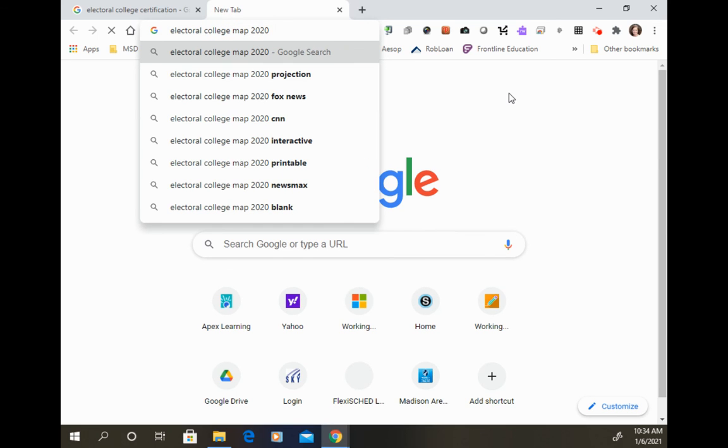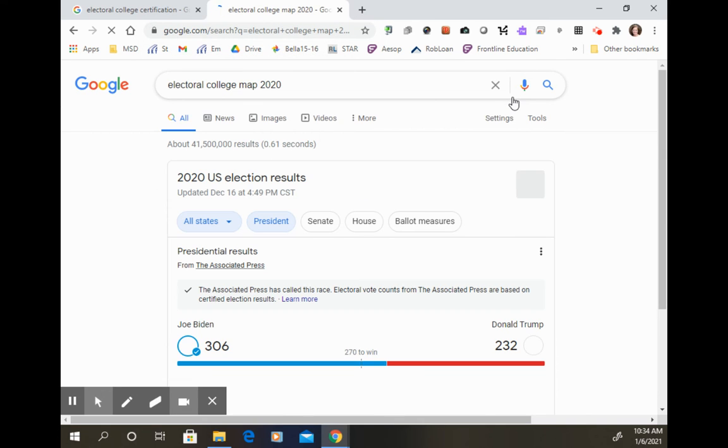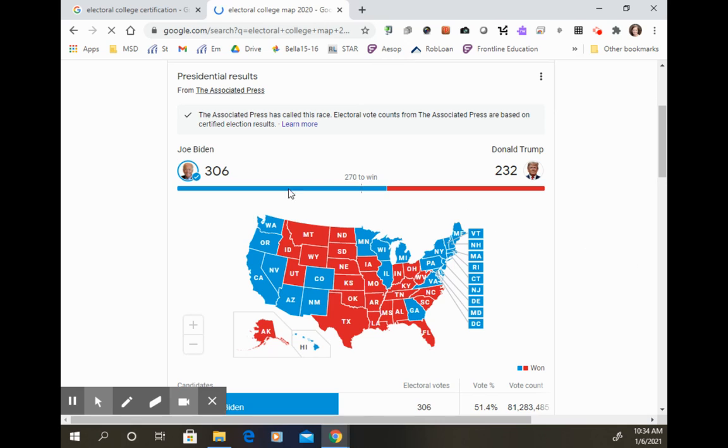So each state gets a specific number of Electoral College votes. Each state has to certify those votes. And I'm sure if you watch the news at all or were on any social media over the past 2 months, you have seen that there have been challenges to the Electoral College votes, correct?